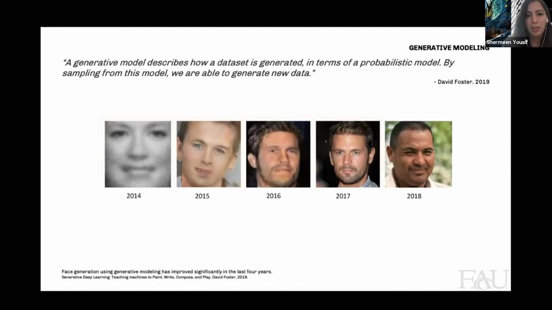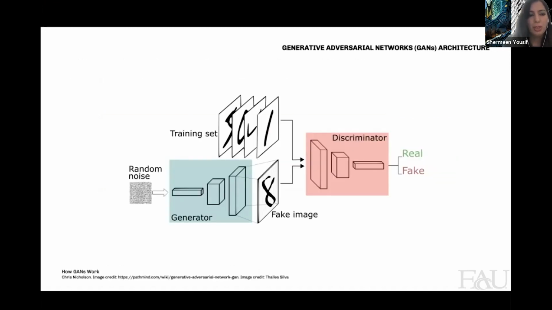So that has been progressing, and to simplify the technical concept of AI, there is this important method called generative adversarial networks that I'm interested in, and GANs for short are represented here in this diagram, this architecture where you have a generator and a discriminator. And there is a competition between these two neural networks, the generator and the discriminator.